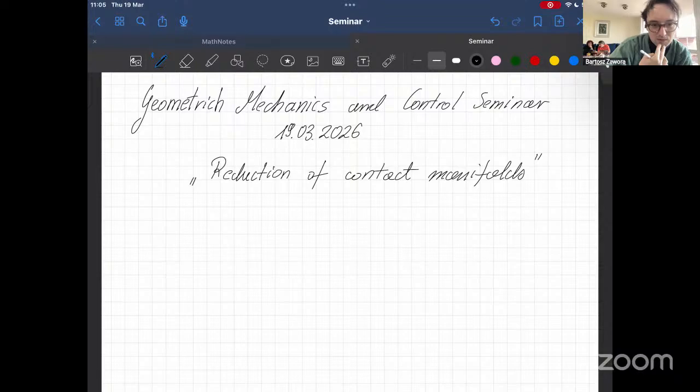Then I will move to classical symplectic tools and techniques in reduction theory, then to contact reduction, and the last part will be devoted to the recent results.